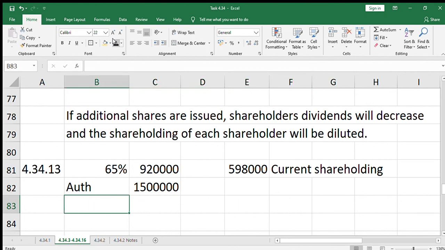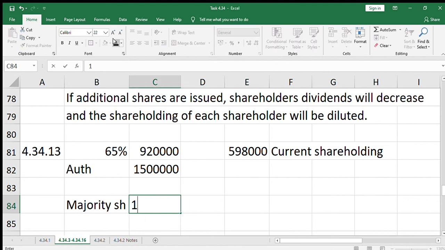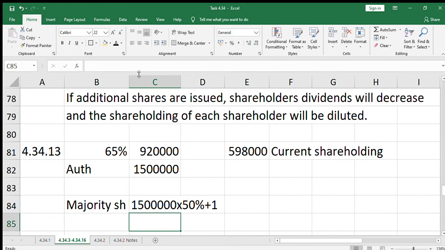Now the authorized shares is 1.5 million. So if he wants to remain a majority shareholder, he'll need to own 1,500,000 shares times 50% plus 1. That will give us 750,001 shares.